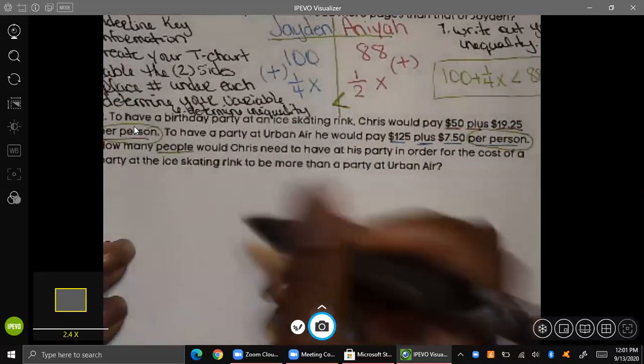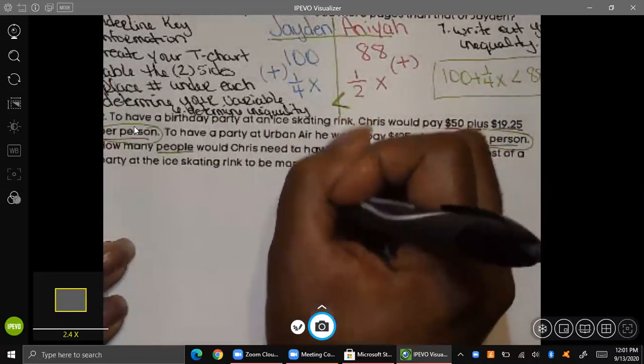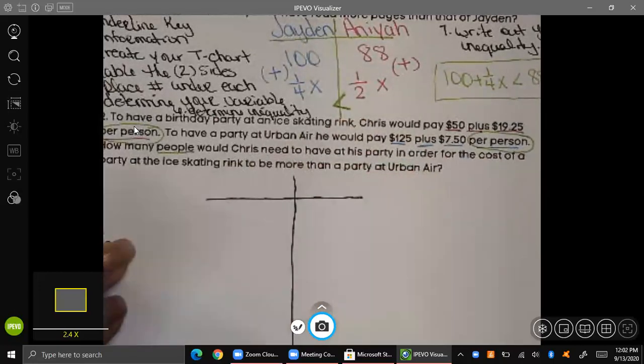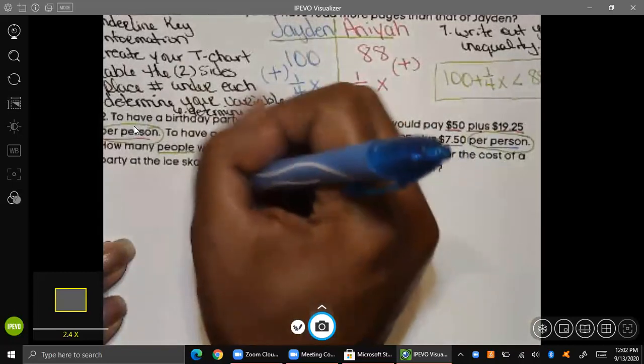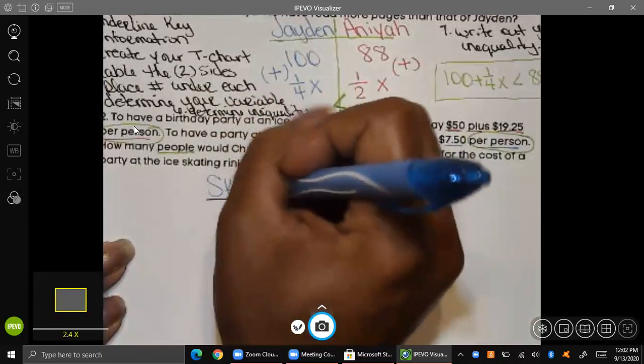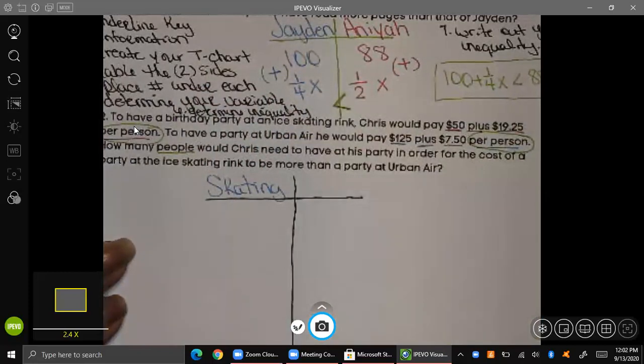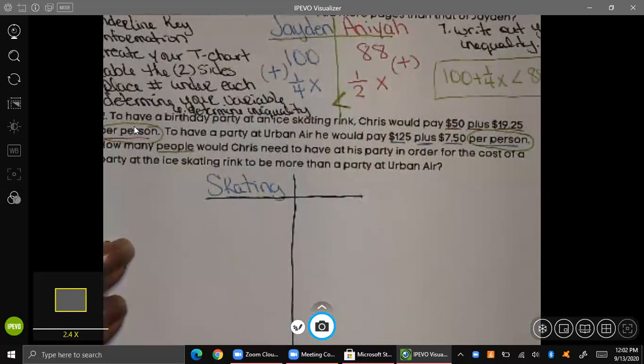Step 2 was create your T-chart. So I'm going to go ahead and create my T-chart. For my T-chart, I am going to put the skating rink on one side. And then I'm going to put Urban Air on the other.